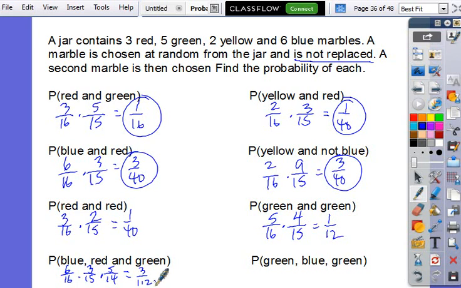And then green, blue, and green, I know I start with 5 greens out of 16. The next one for blue is gonna be 6 over 15. I know the last one's gonna be 14, but I've already taken 1 green out. So instead of 5, there's gonna be 4 of those. And that one winds up being 1 over 28.